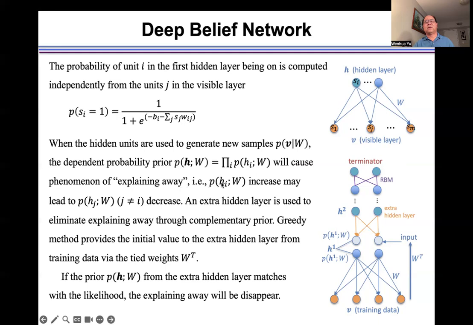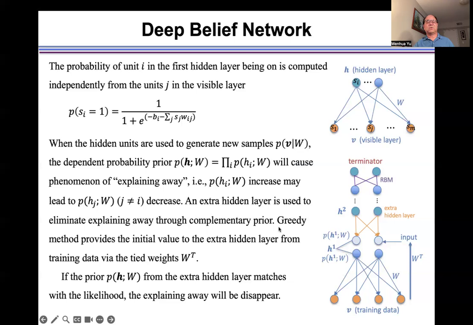Namely, an increase in the probability of h_i may lead to a decrease in the probability of h_j. Our extra hidden layer is used to eliminate explaining away through a complementary prior.